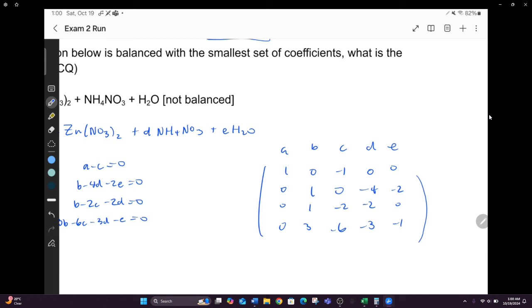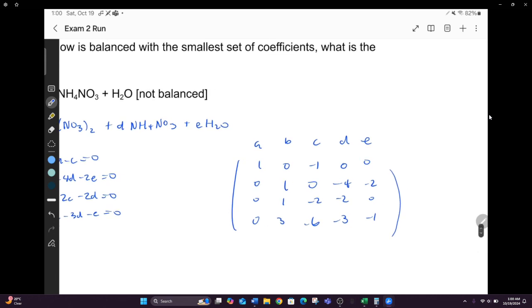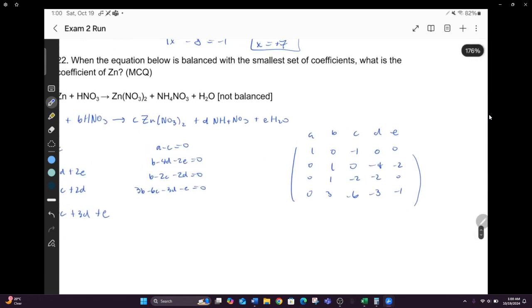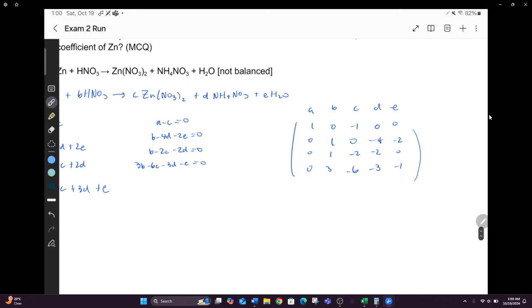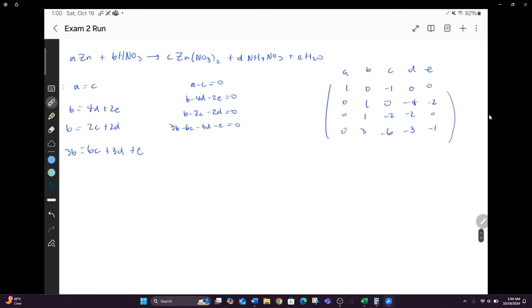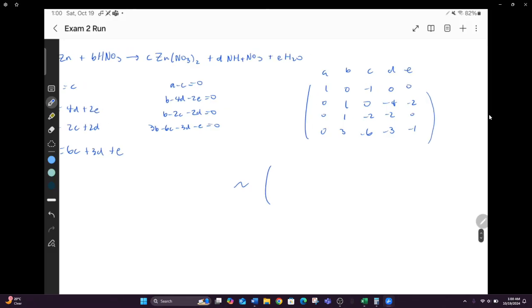Alright, so now what I would recommend is you Google how to row reduce. I'm going to basically summarize that you can row reduce this. There are multiple steps to this, but this will row reduce down to 1, 1, 0, -1, 0, 0.